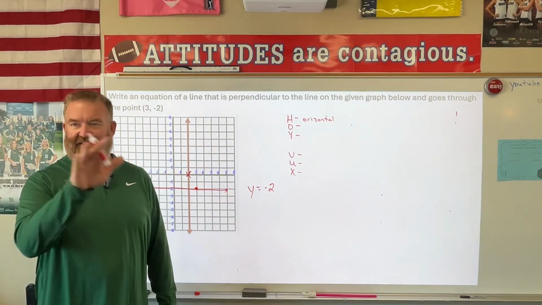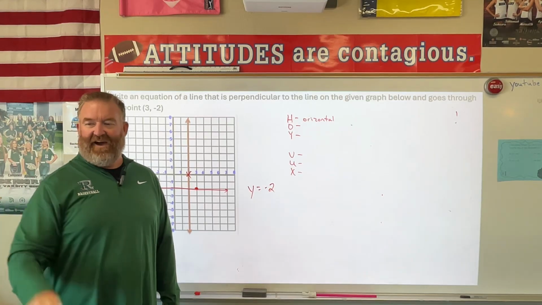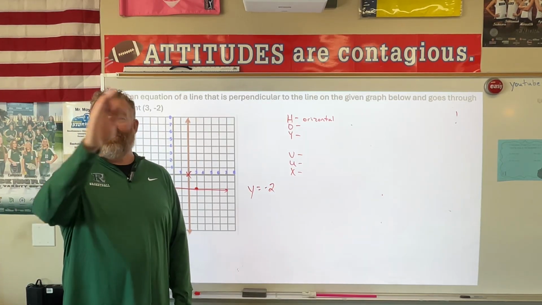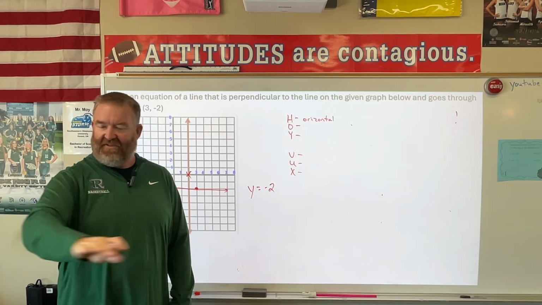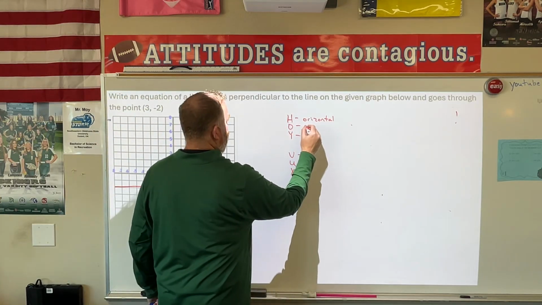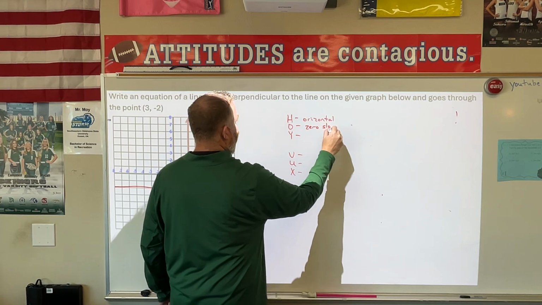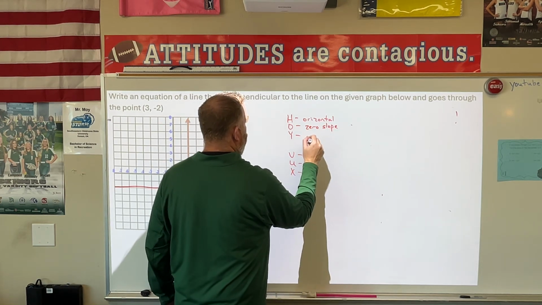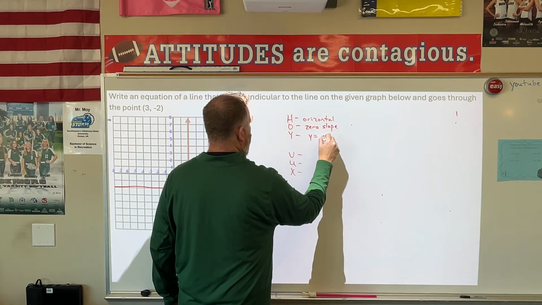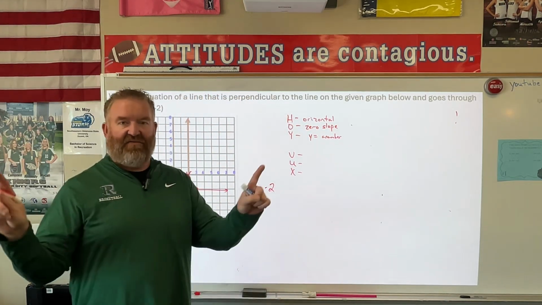The girl in class said that's how she remembered. I always remember the horse is ontal, so I imagine petting a horse. The 0 means there's 0 slope. In other words, it's flat, and it's going to be y equals a number. If it's y equals, it's flat.